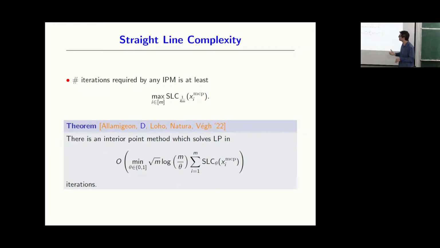So if you want to prove an iteration complexity bound, which will at least prove that you don't need too many iterations, which will turn into not too many arithmetic operations, because each iteration of this method is not too complicated, you will get a bound. So it suffices to show that these straight line complexities are bounded by a function of, say, the number of edges. Okay, this is what you need to do.